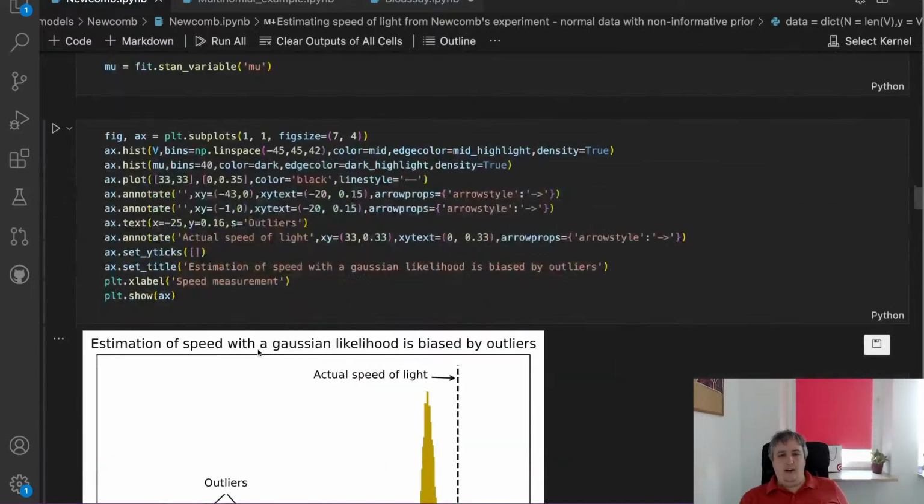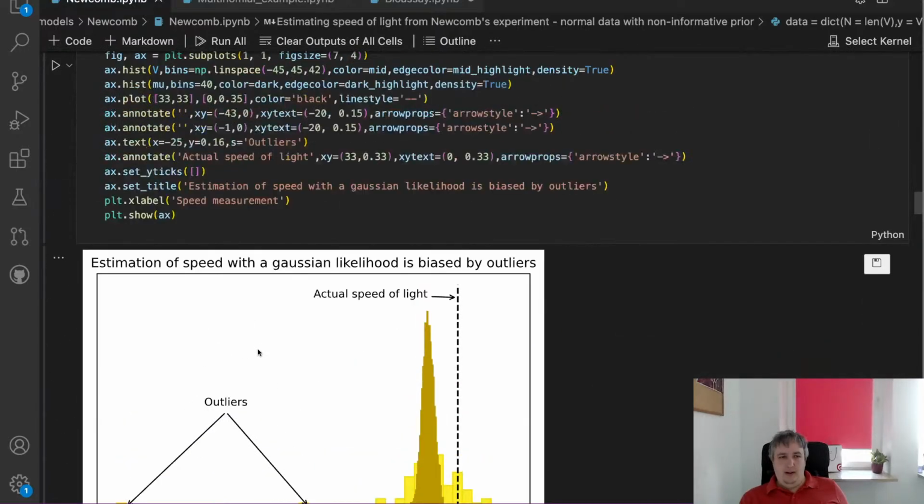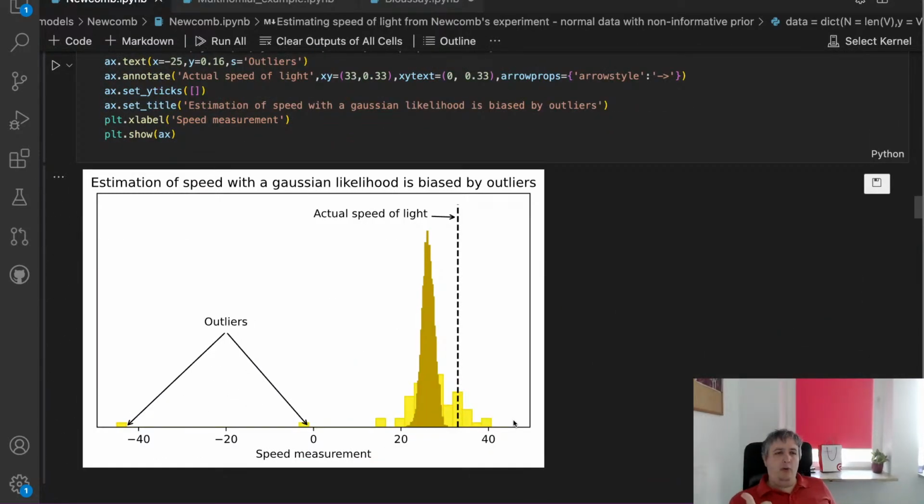And let's look at the mean value. Let's compare it, first of all, using the posterior predictive distribution with our data. Of course, the problem is that the actual speed of light is a bit larger than the sample mean. And as you can see, our samples are being driven by the outliers.